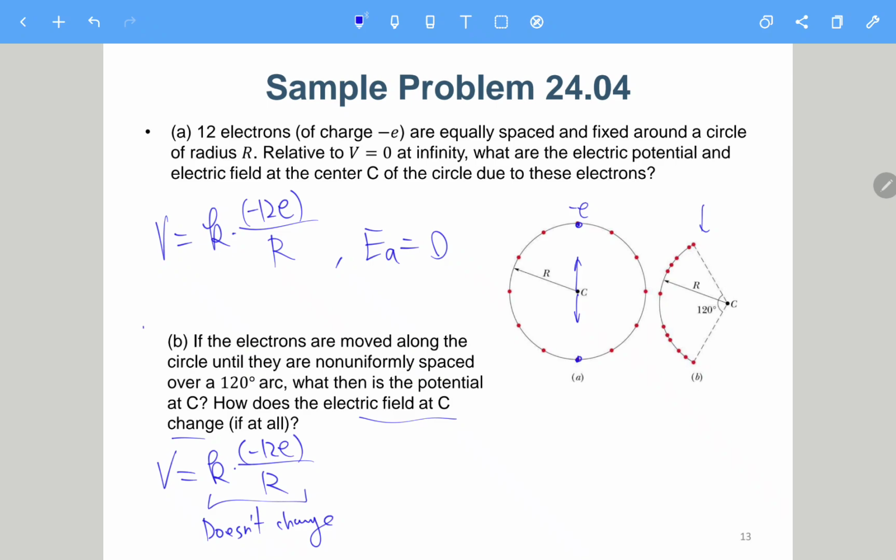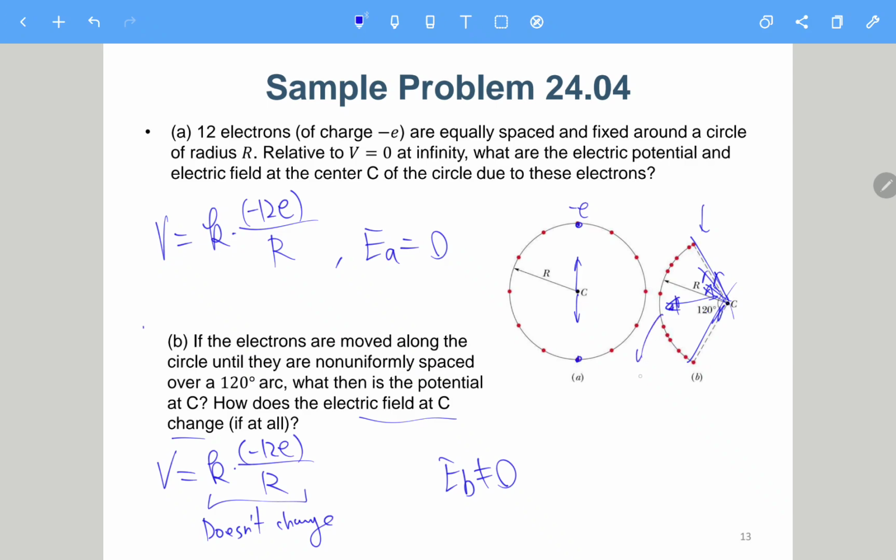But for E_B, it is not 0 anymore, because they cannot cancel, since they are concentrated at this side. So you can imagine this one points to this side, this one points to this side, and so on and so forth. So the E field will point around this side.